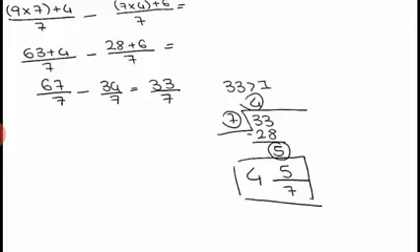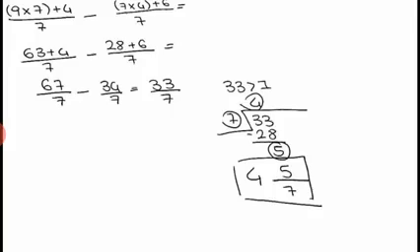We don't want the numerator bigger than the denominator, so we make the division. 33 divided by 7. We have 4 times 7 in 33, so we put 4, and 4 times 7 is 28. 33 minus 28 is equal to 5.